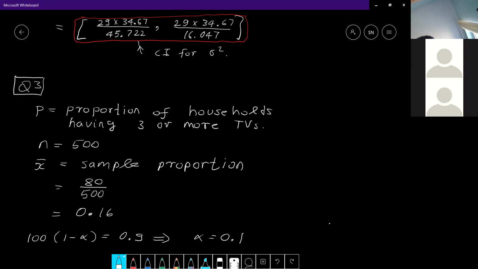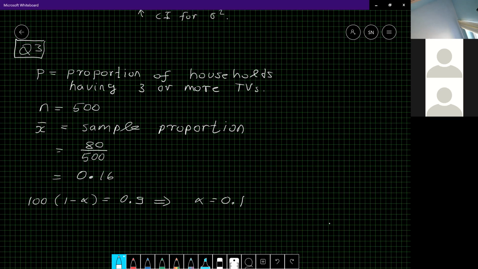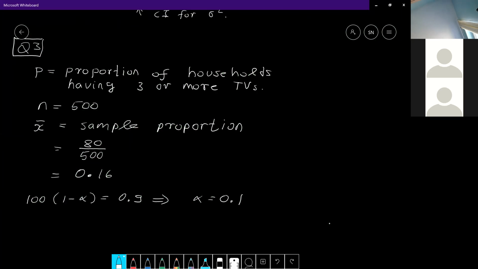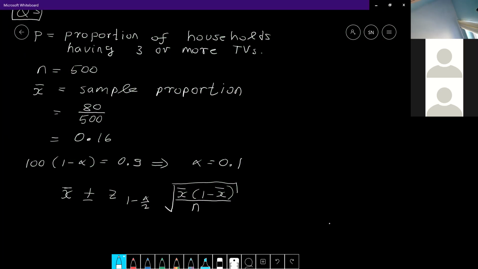If you look at the scan notes before the Easter break, or the printed notes, you will see the formula for population proportion is something like this: X bar plus or minus Z 1 minus alpha by 2, times the square root of X bar times 1 minus X bar divided by n. This is the formula for the confidence interval for population proportion.